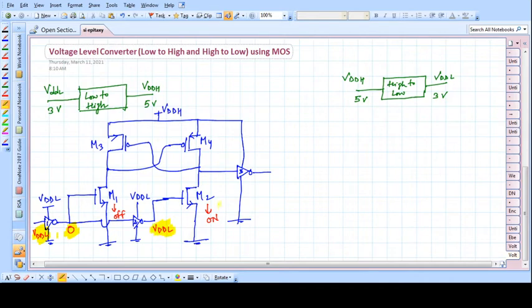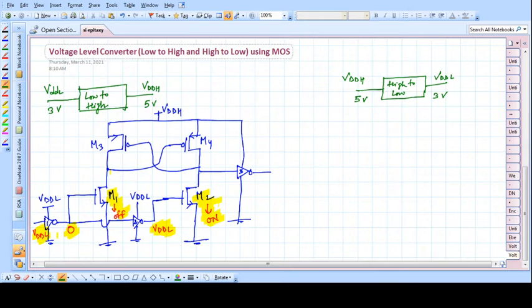That VDD-L will turn on the M2 transistor and M1 becomes off. When the input across the gate is 0 voltage, this is simple basic MOSFET operation for the NMOS. So M1 is in the off state and M2 is in the on state.